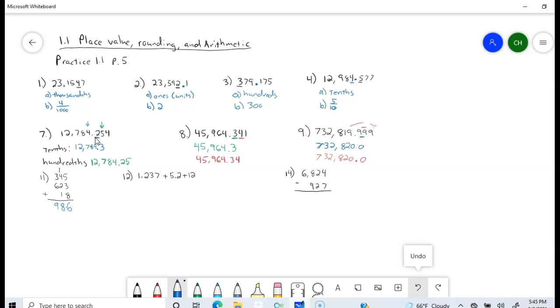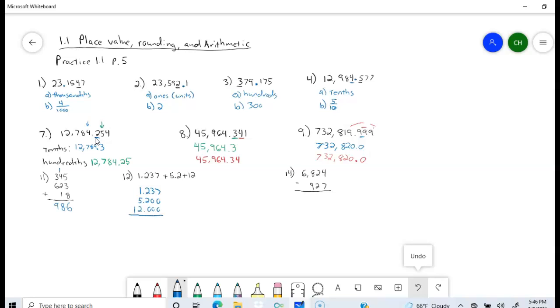The next one, you have decimals we're working with, 1.237 plus 5.2 plus 12. I would make that vertical, so I would start off with 1.237. I'm going to line my decimals up, 5.2. I'm just going to put placeholders here. And then 12.000.